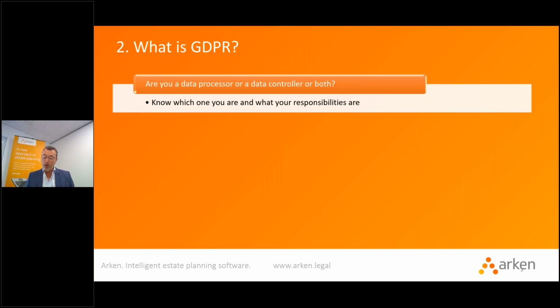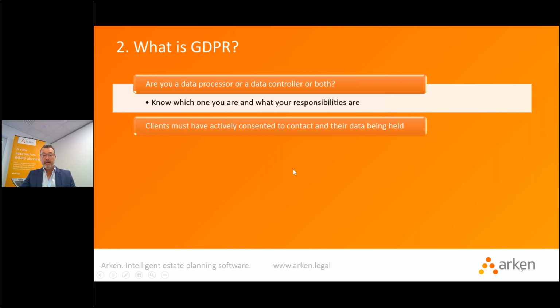But there's a lot more to it than that. The critical thing as we start to look at the strategies is to be really clear which one you are and what your responsibilities are. GDPR is a big piece of legislation, and there are some complexities, so you need to make sure that you understand your full responsibilities.